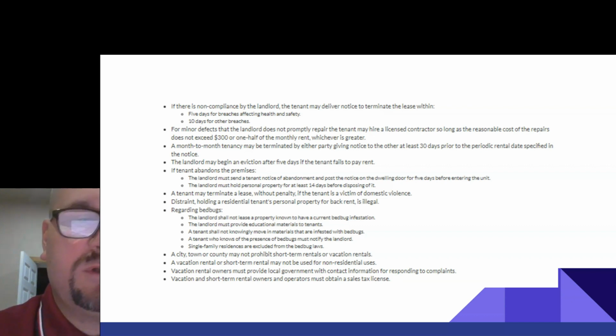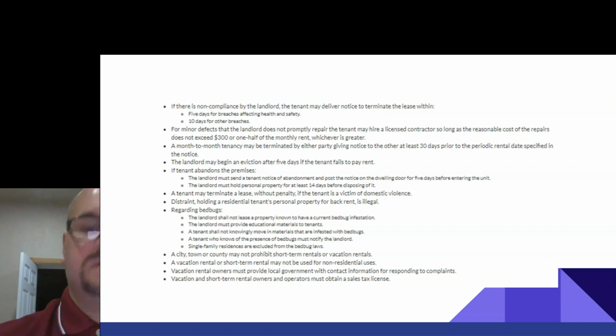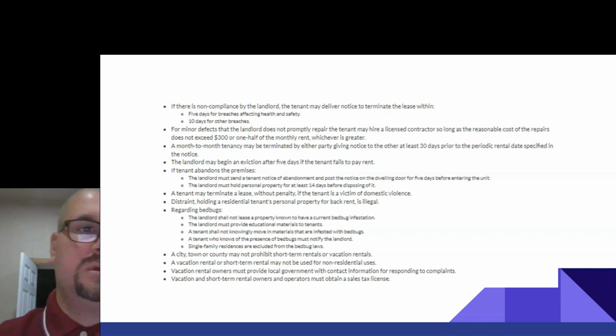Vacation and short-term rental owners and operators must obtain a sales tax license. And this is if you're renting out the whole space versus renting out a room.